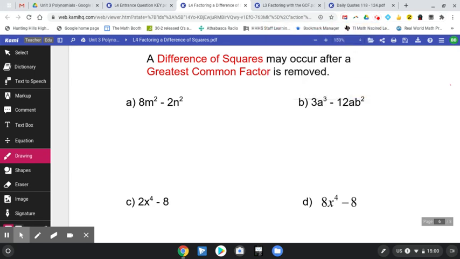Welcome back, everybody. In this next set of questions, what we're seeing is that a difference of squares may occur after a greatest common factor is removed. And this is a good time for us just to write a little note to ourselves. Always check for a greatest common factor before a difference of squares.